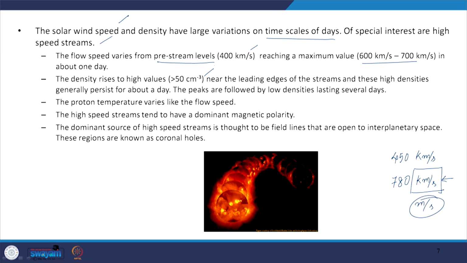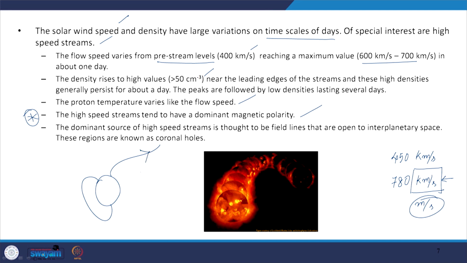The proton temperature varies like the flow speed itself. The high speed streams tend to have a dominant magnetic polarity. This is the most important aspect. The dominant source of high speed streams is thought to be field lines that are open to interplanetary space. On the Sun, there are a few magnetic field lines which are open and others which are closed.